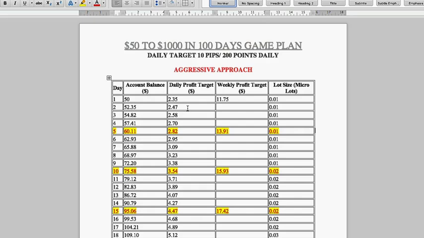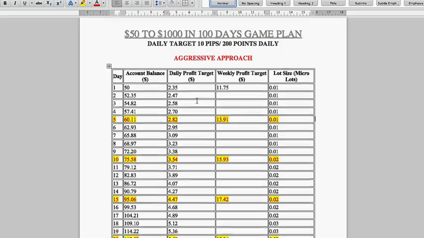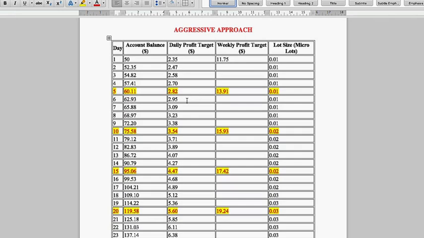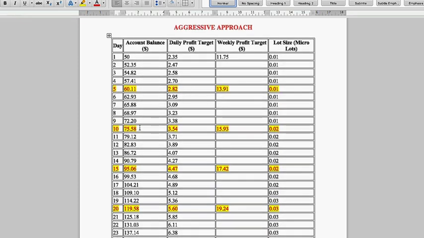I'm a conservative trader, so I will not really be focusing on the aggressive side of things, but sometimes you have a good opportunity, a good trade that will give you much more profit than this. So as early as week 2, you're already on 10 plus profit. After week 1, in week 2, your weekly target will be 13.91, still maintaining the 0.01 lot size.